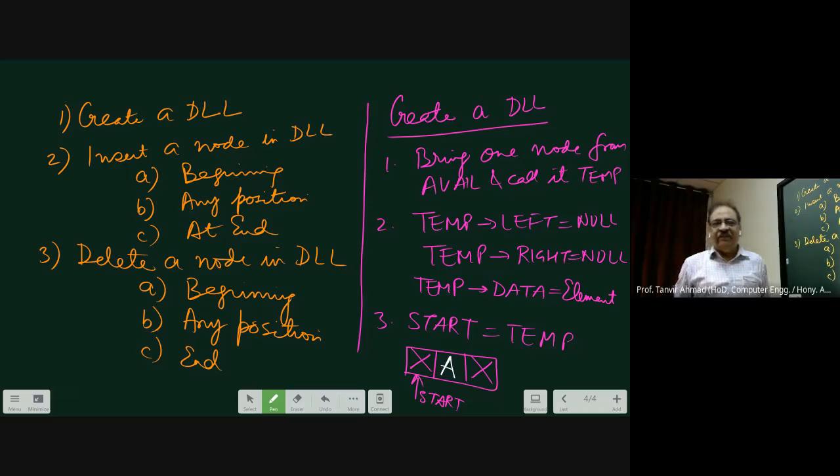Now this is the same one, except that I have just added one more right pointer. Otherwise, if you see the previous algorithm, it just contained the left link. Here there are two links, left and right. The node has a left pointer and a right pointer, so you can use LPTR, RPTR, or left and right also.